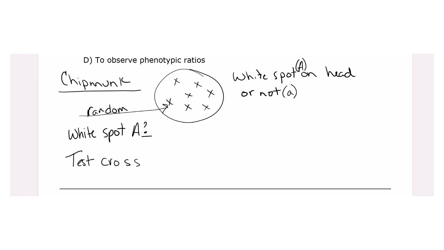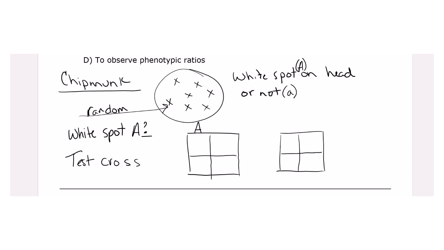So we take our chipmunk and what do we cross it with? Okay, so here's our chipmunk. Which two scenarios can we have for our chipmunk that was randomly selected? Big A, big A, or big A, little a. What are we crossing it with as test? Little a, little a.